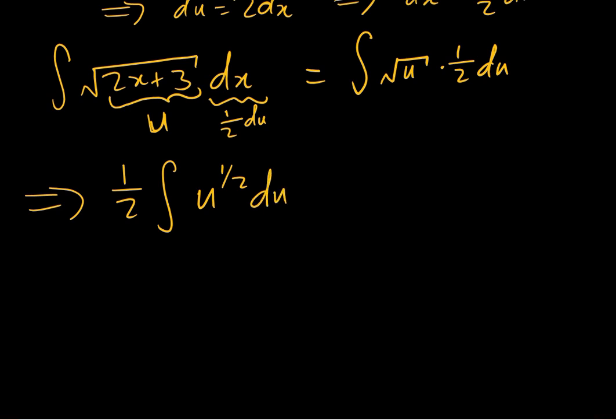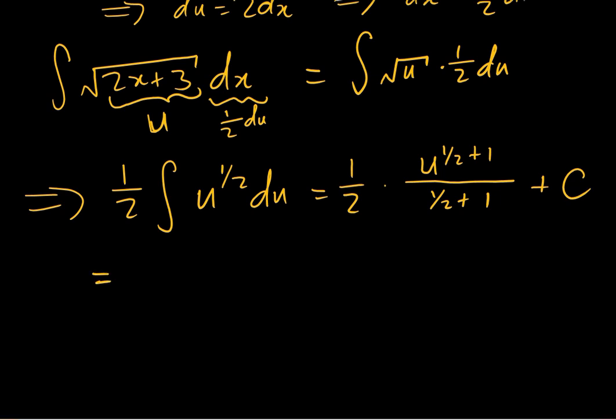Using the basic rule of integration, this becomes a half times, when we integrate, we raise the power by 1, so it's a half plus 1, and divided by a half plus 1. Then of course we remember to keep putting that plus c there. We don't care what c is. Let's continue. A half plus 1 is 3/2, it's 1.5.